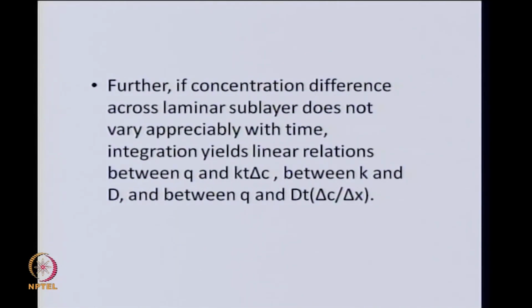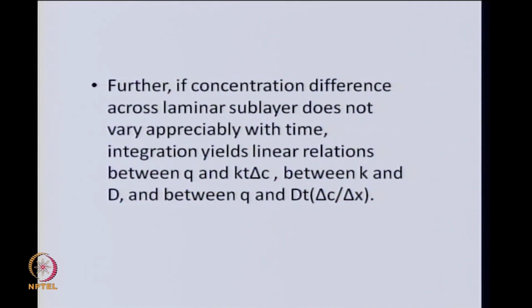And in addition, if the concentration difference across this laminar sublayer does not vary much with time, then we could integrate this easily and find the relation between Q and time, and that Q will be proportional to K T delta C. There should be an area factor for equality, and similarly between K and D there is a proportionality.